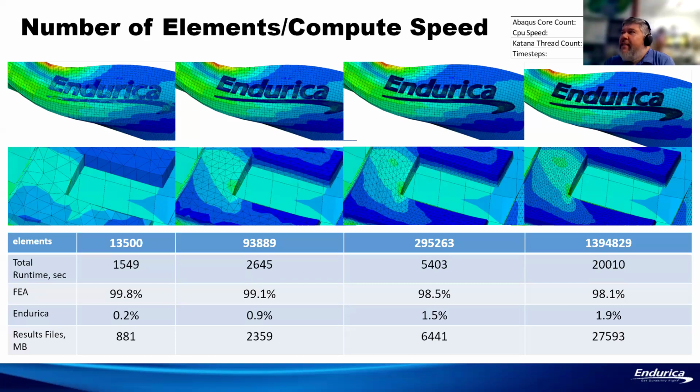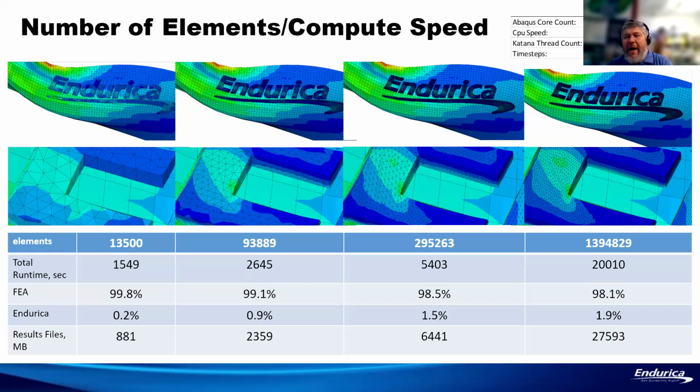So now going back to this idea of scalability and the compute speed, this is a benchmark that we did to look at the effect of the number of finite elements on compute resources. This is a model of a tire that has lettering on the sidewall. We put the Endurica logo on the sidewall of a tire.